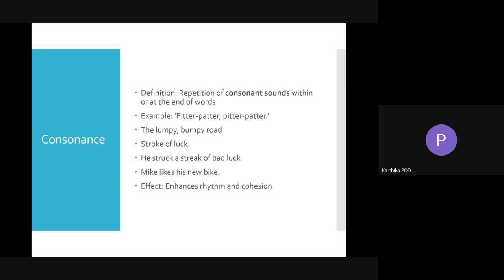He struck a streak of bad luck. Yes, the K sound. The K sound comes in struck, in streak, and in luck. So K is a consonant sound, and this consonant sound is getting repeated multiple times. So it is consonance. Mike likes his new bike.